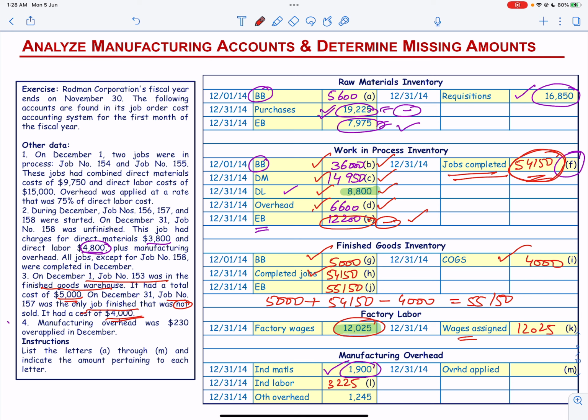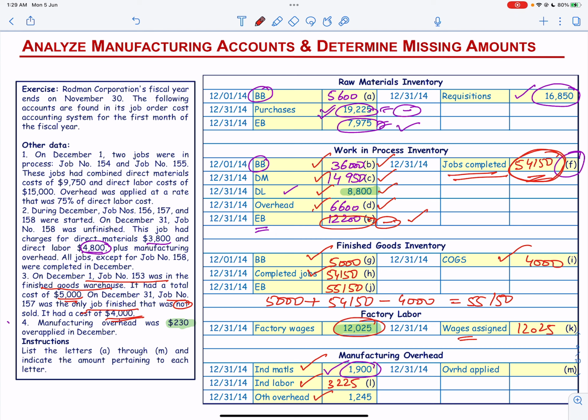And now calculating the overhead applied will be easy for us. We have the indirect material. To this we are going to add the indirect labor 3,225, and we are going to add up the other overhead 1,245, and to this we are going to add the manufacturing overhead that was over applied 230.